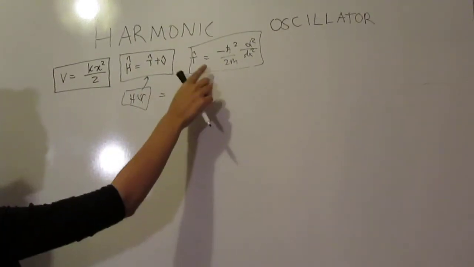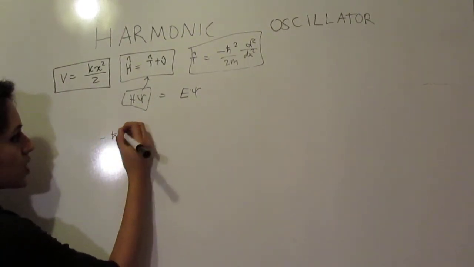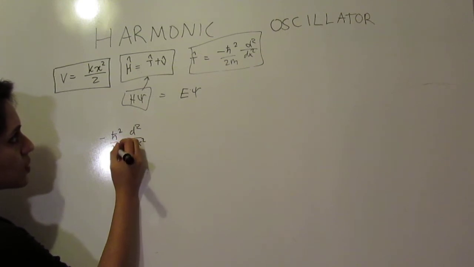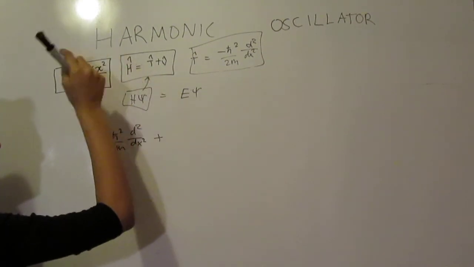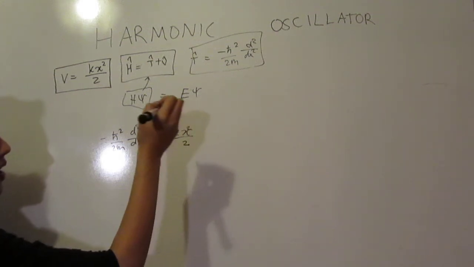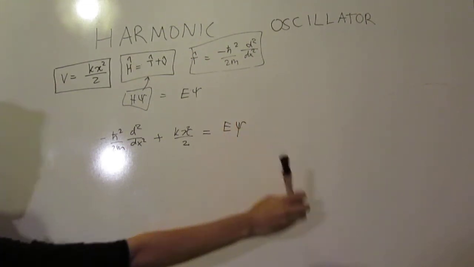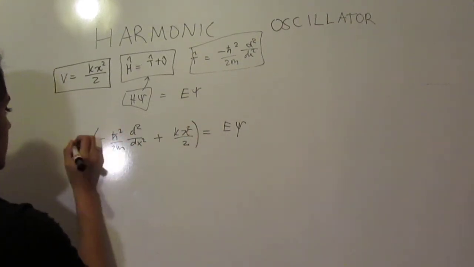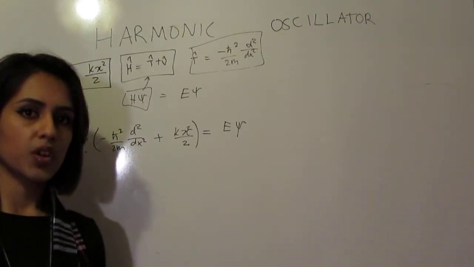So we can basically plug this and this back into the Hamiltonian and get minus h bar squared d squared by dx squared divided by 2m, plus the potential energy operator, which is kx squared over 2, and all of this multiplied by psi should equal E psi. Okay, and that is the Schrodinger equation for the harmonic oscillator.